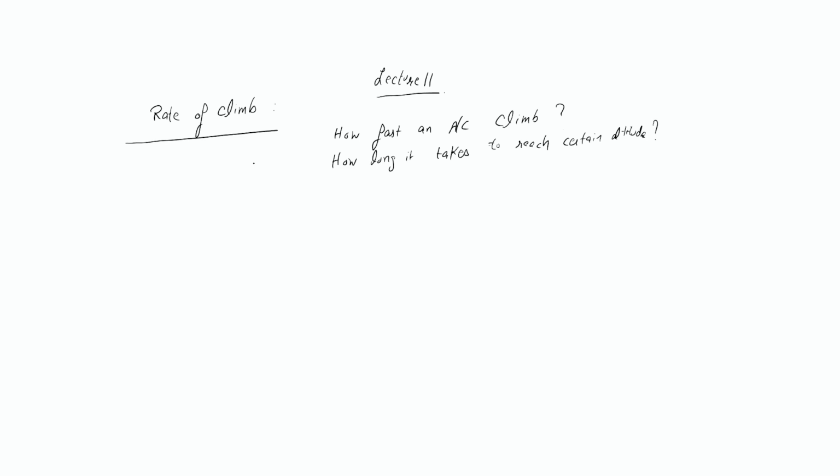To understand rate of climb, let me draw the diagram of the aircraft in a climbing position. So assume this is an aircraft. Now assume this is the thrust, and this is also the direction in which the aircraft is flying, that is the velocity. This time I have assumed there is no offset between thrust and the velocity, just to make things simpler. Now if this is the velocity, then lift will be perpendicular to the velocity.